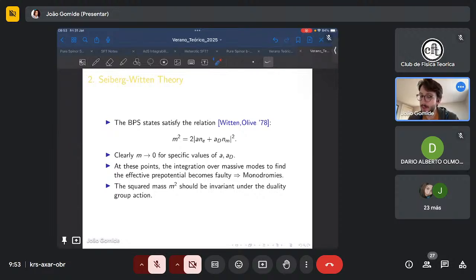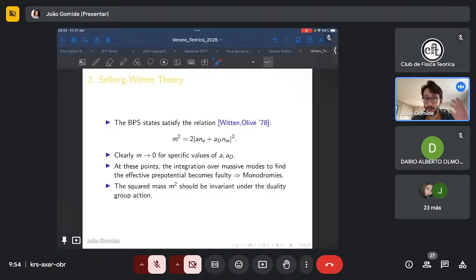So at these points, you have to recall that A and A_D are functions of the u coordinate on the moduli space. The weird thing here is that at these points in the moduli space, these states which were massive are actually massless.